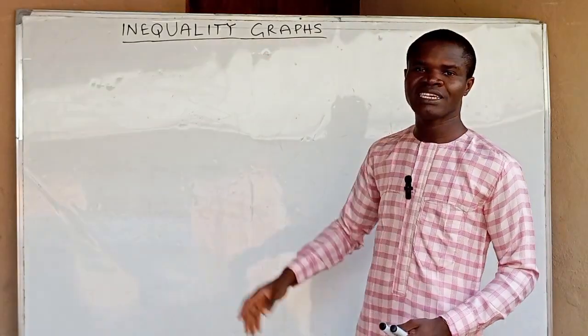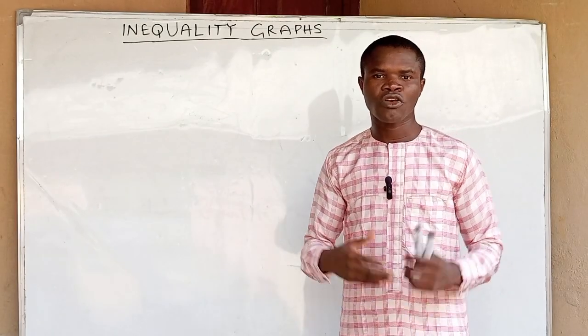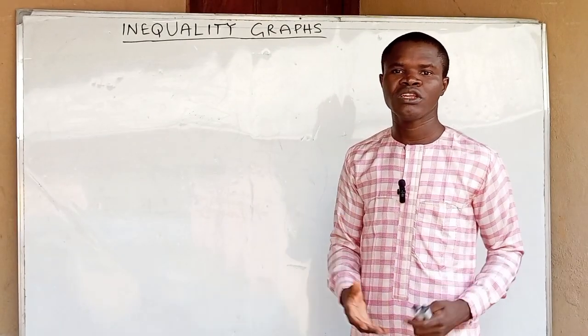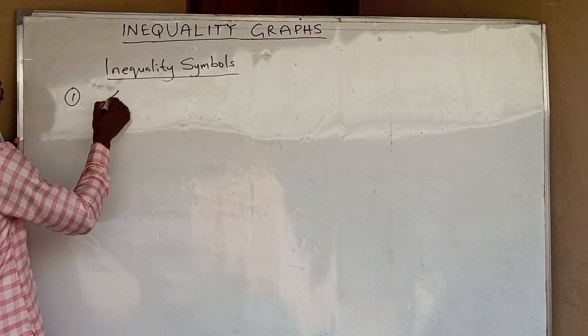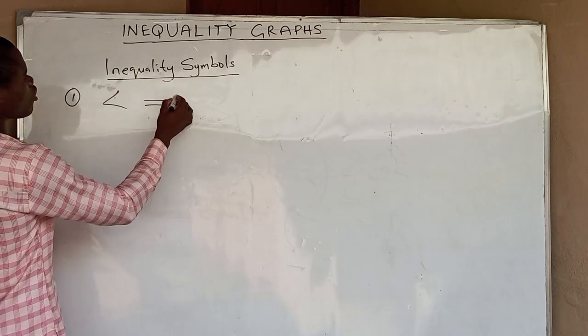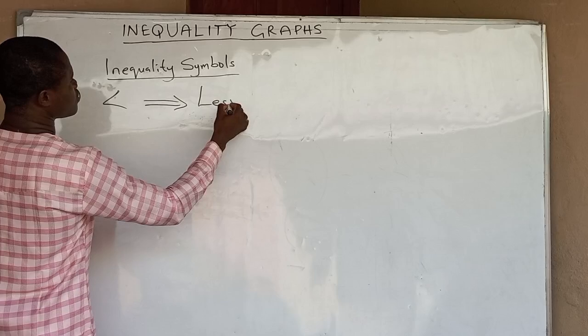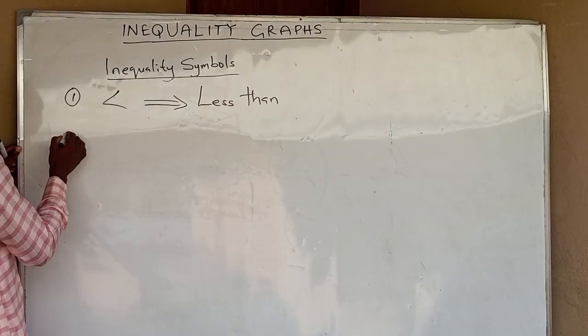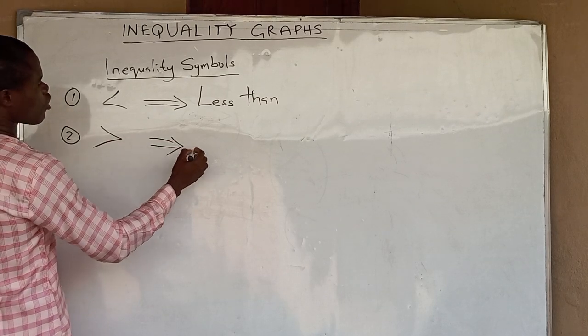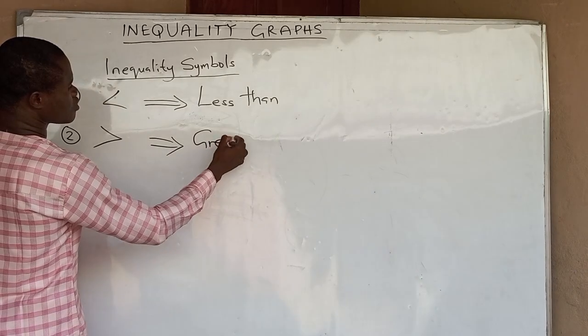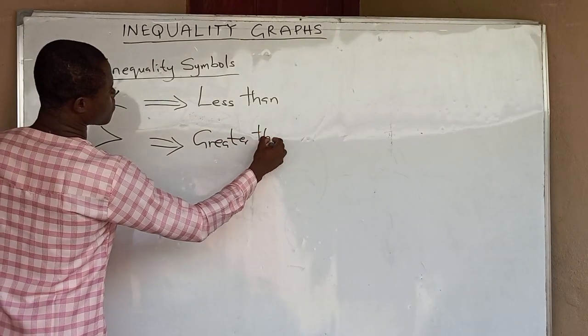Before we go into the inequality graph, first of all, let us remind ourselves of the inequality symbols. Number one, we have this symbol. It is called less than. Number two, we have this symbol. It is called greater than.